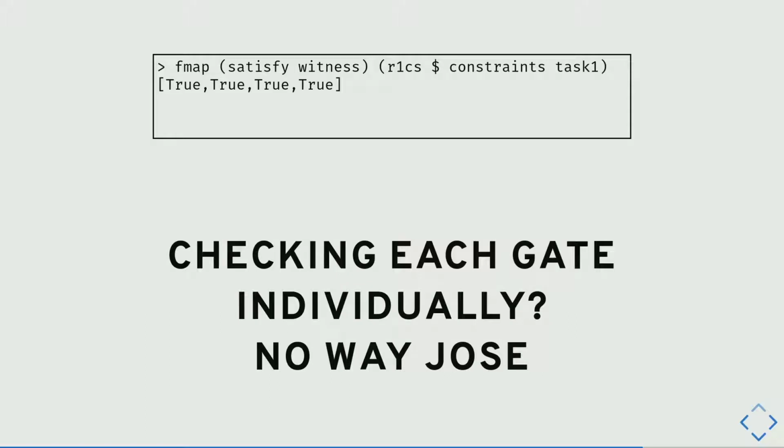But checking each gate individually is not a fun process. Or in a real system, you might have millions of gates, because you'll have some more complex computation that will be compiled into this, but it's not very productive to have to check each one individually.